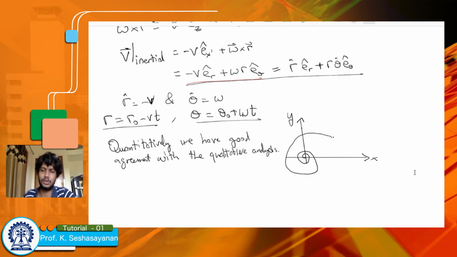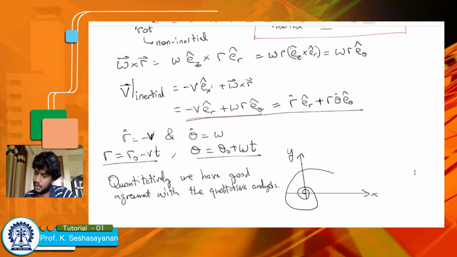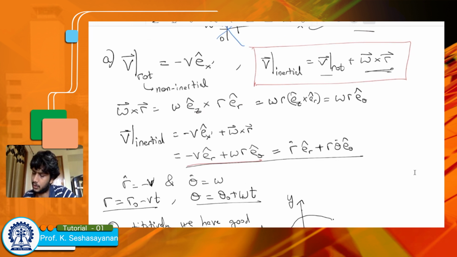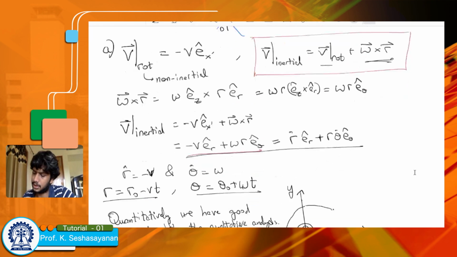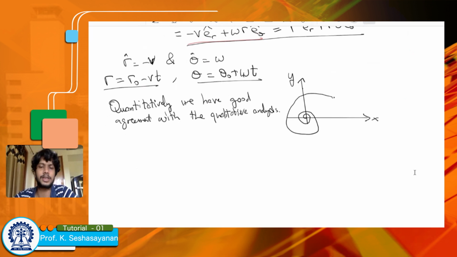So this part is just to get back an expression which will say that our qualitative analysis was more or less correct, which gives more proof to our qualitative analysis. So the inertial observer just sees the ant going on a spiral, and if he or she knows the velocity in the non-inertial frame and the rotation rate, he or she can write down the solution as a function of time.